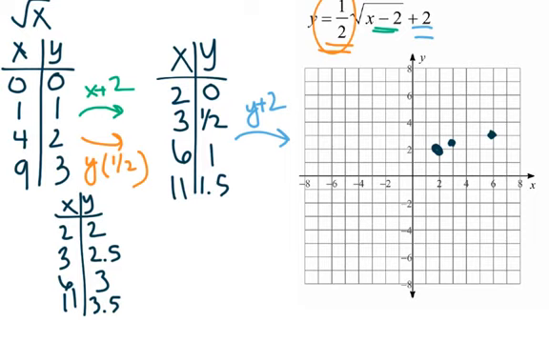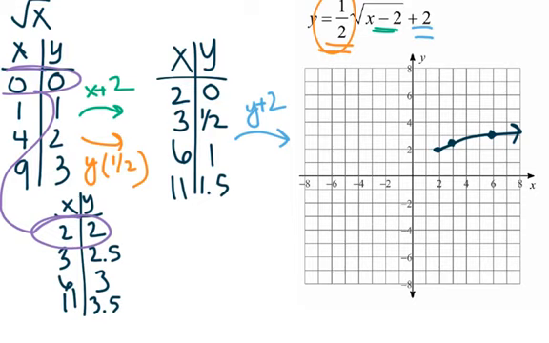Okay, so remember, my start point of my graph is always the point that 0, 0 got transformed into. So we had 0, 0, and over a series of transformations, it became 2, 2. So we know that 2, 2 is where we start, and we draw our function going through the points away from 2, 2.